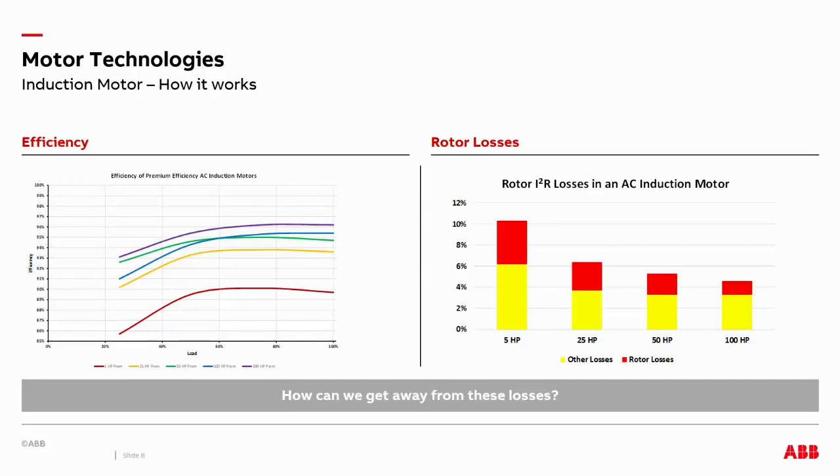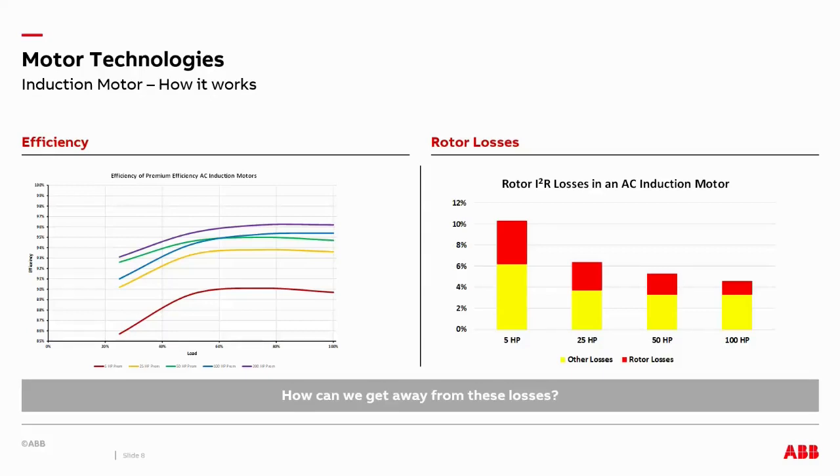We also have rotor losses, which is basically the second largest area of losses. So again, these are our I²R losses due to resistance in the rotor bars and end rings. We have also stray magnetic losses. This is due to the magnetic fields in the motor spreading out, not being efficiently managed or used.